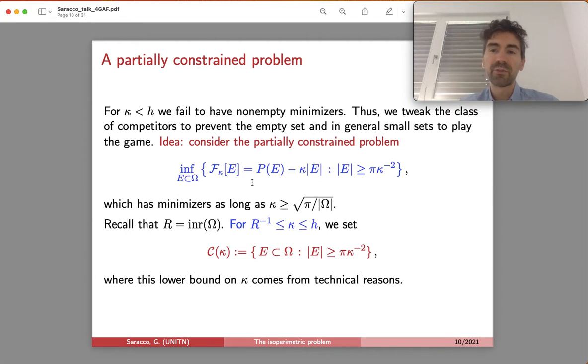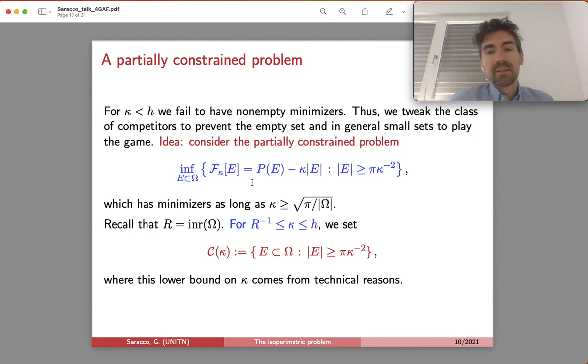Okay, so we consider the partially constrained problem, that is, minimize this energy, perimeter of E minus kappa times volume of E, with a relaxed volume constraint, that is, among all subsets of omega whose volume, whose mass, is bounded from below by pi over kappa squared, okay? That is, the volume of E must be greater than or equal to the volume of a ball of curvature kappa.